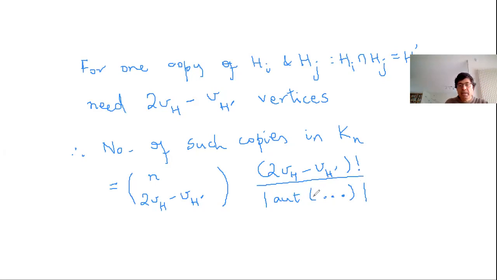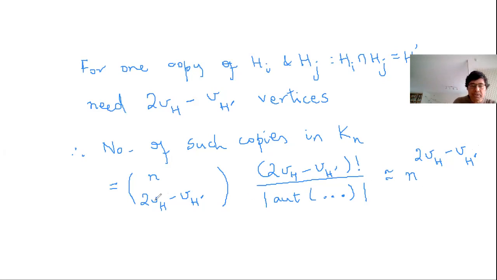But since we are only concerned with how this grows with n, this grows like n to the 2vh minus vh prime. And everything else is a constant that depends on the graph H. It depends on the graph H prime, but it does not depend on n, and it does not depend on p. Okay, so this is the number of such copies. That's what we need to keep track of.